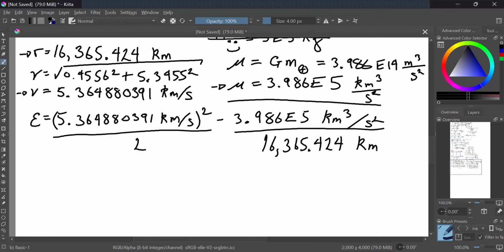All right, so we have some upkeep to do. We have a kilometers in the denominator over here, and we have a kilometers cubed in the numerator up here.